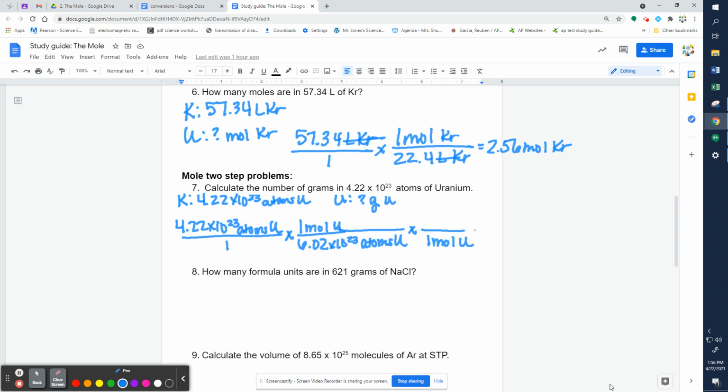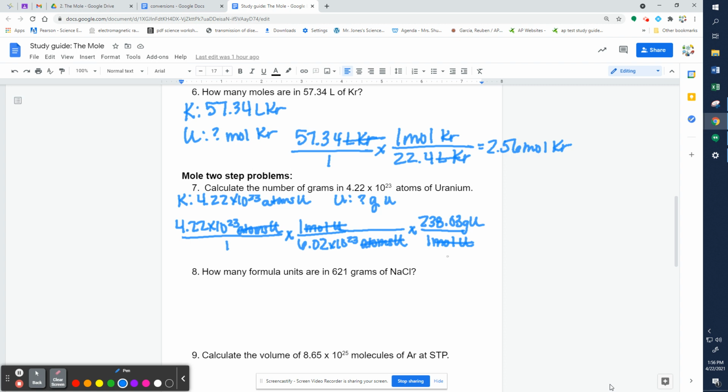The molar mass of uranium, when you look it up on the periodic table, is 238.03 grams. Now, this unit and this unit will cancel out, and atoms will cancel out.